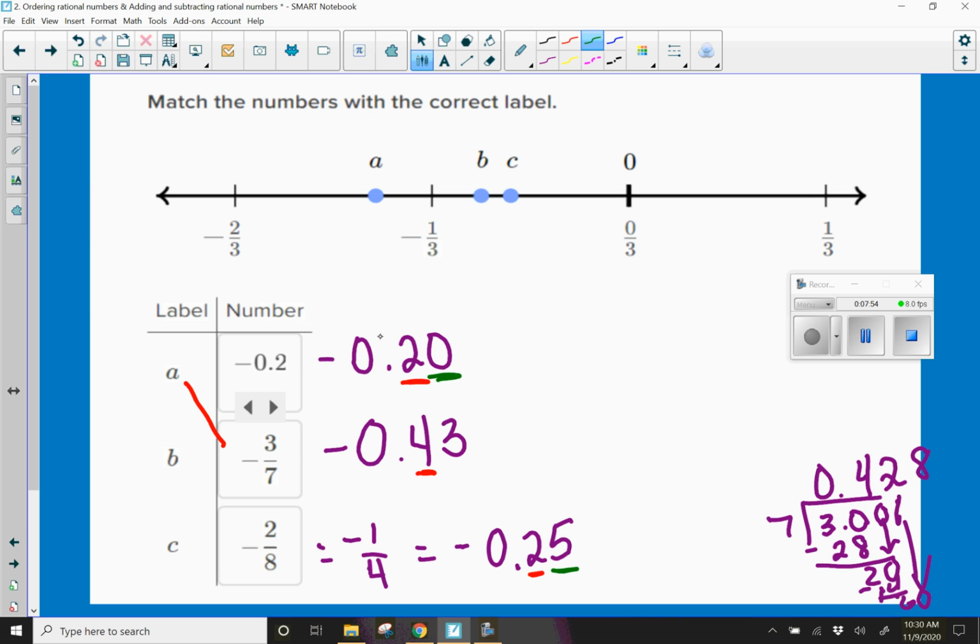So clearly, -0.20 is your smallest number out of all, which means it has to be the point that's closest to 0, which would be C. So we're going to draw a line. Oops. Drew my line in the wrong spot. So this one would go down to C, and that means that -1/4 has to be B, or -2/8 rather.